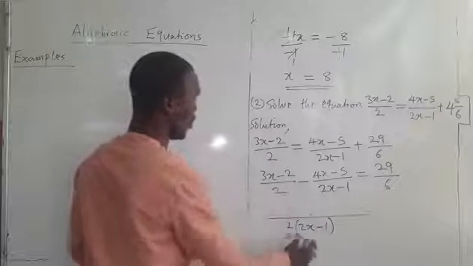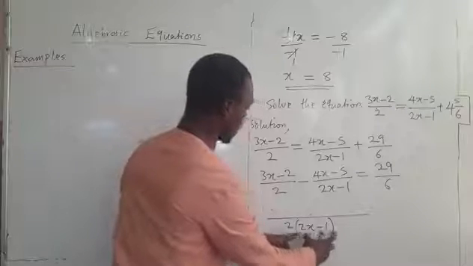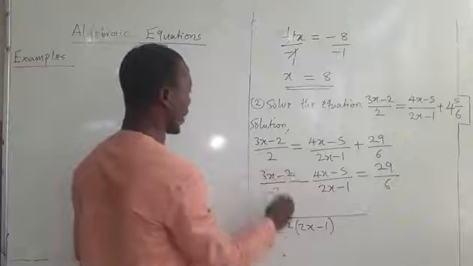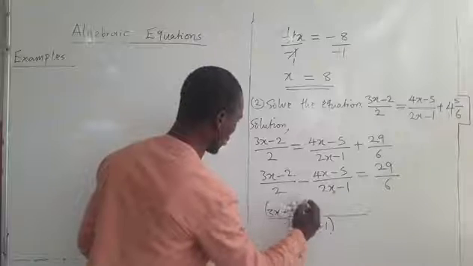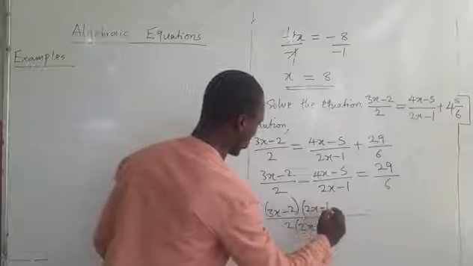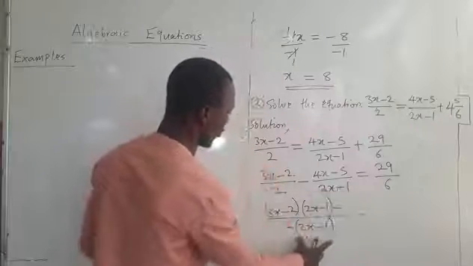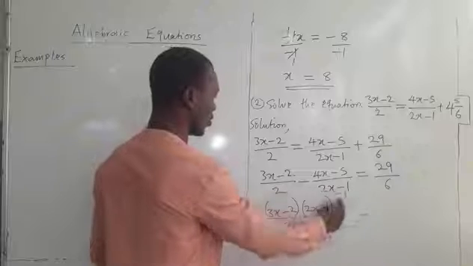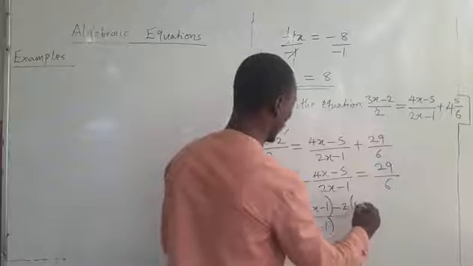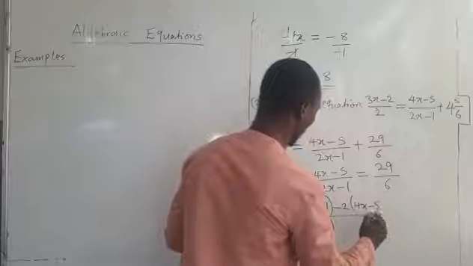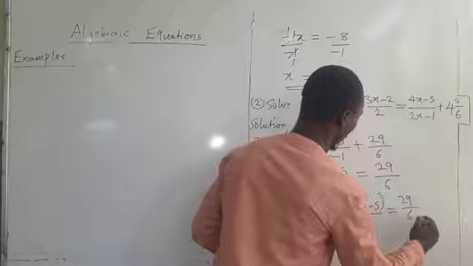So 2 into 2x minus 1 divided by 2, you'll be left with 2x minus 1. Then 2x minus 1 multiplied by the numerator, that is 3x minus 2 multiplied by 2x minus 1. Then minus, 2x minus 1 divided by 2x minus 1, you'll be left with 1. Then 2 multiplied by 4x minus 5, which is equal to 29 all over 6.